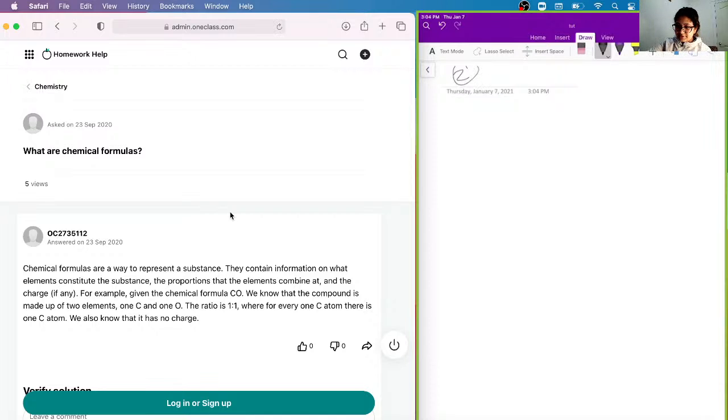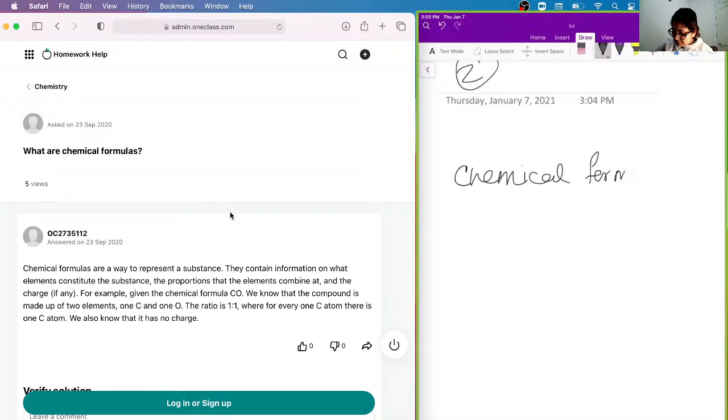The question we have here says, what are chemical formulas? When we're talking about chemistry, we are often talking a lot about chemical formulas. Chemical formulas are a way of representing molecules or compounds.